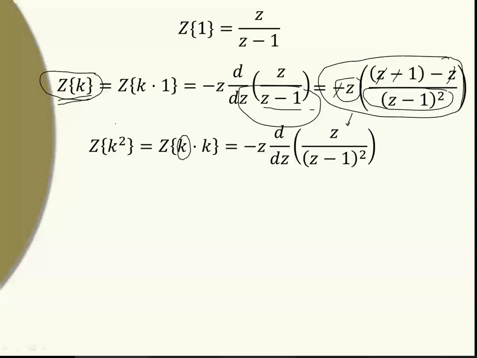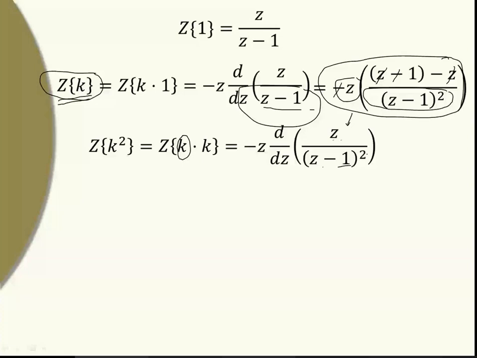Now again use the u by v rule: v into derivative of u minus u into derivative of v, divided by the square of the denominator.